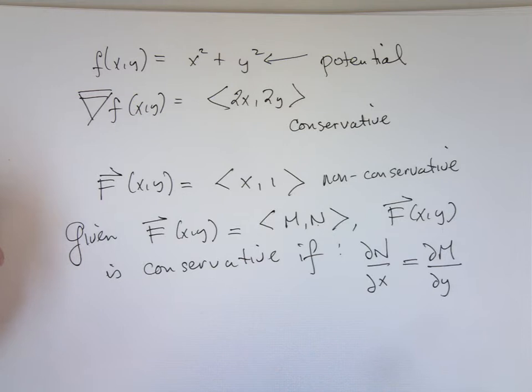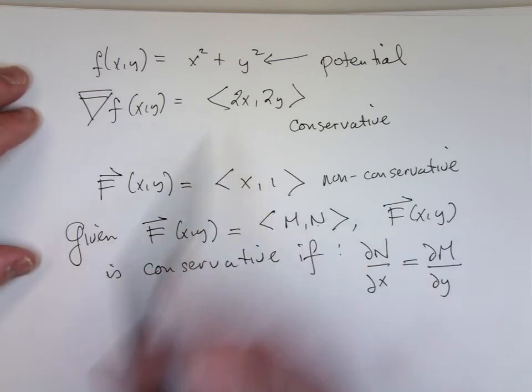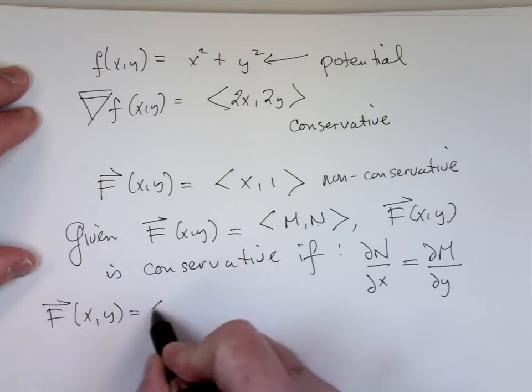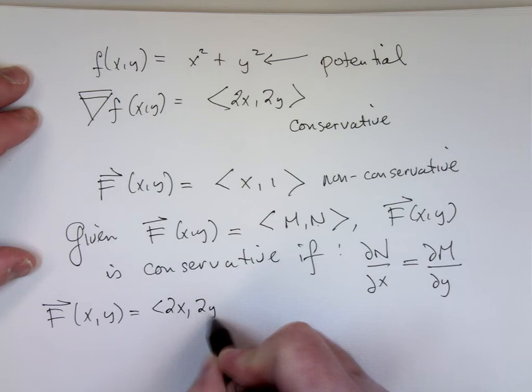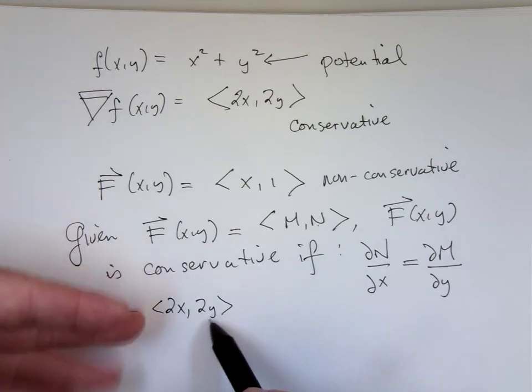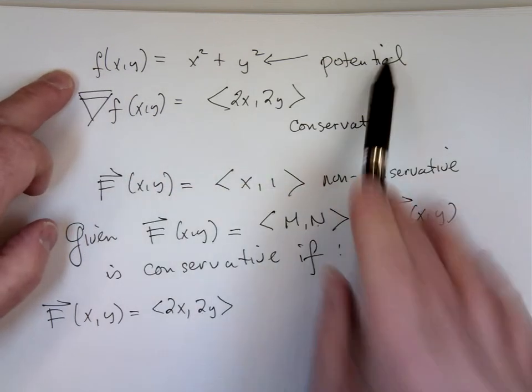So, let's test it. Let's test first this field, which we know is conservative because we know it's the vector field for this potential function, but let's test it out. Here's m, here's n.